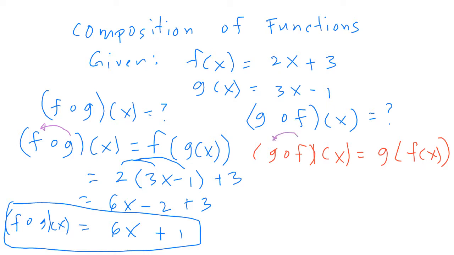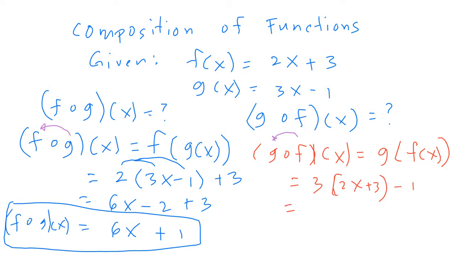So what's our g of x here? It's 3x minus 1. So therefore you go 3 times our x. Our x now is our f of x, which is 2x plus 3. So we're trying to plug in 2x plus 3 to x of our g of x. Then minus 1.